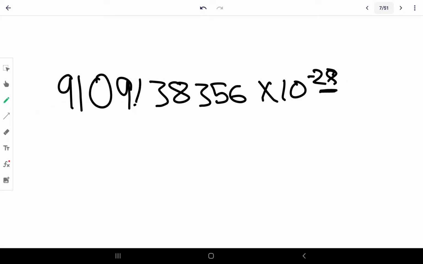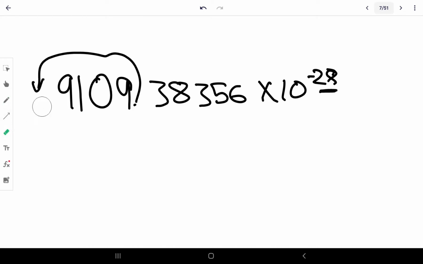Now let's take the negative format. Let's take this one, 9109.3836 times 10 raised to minus 28. They have already given minus 28, so it would be before 28 digits.